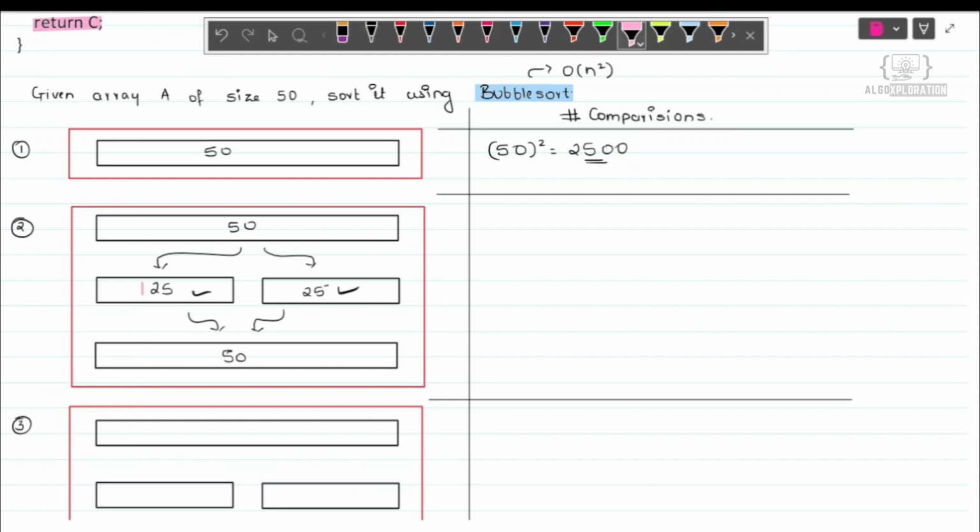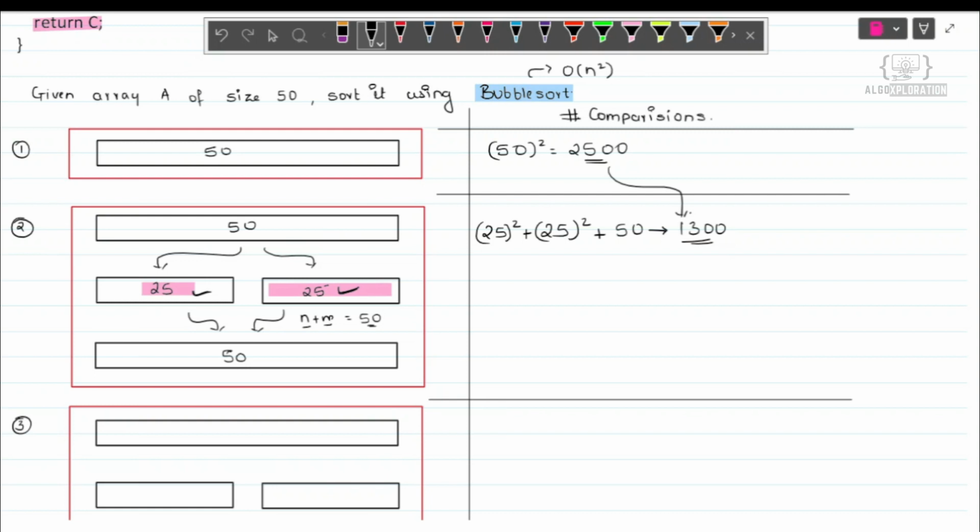Now to sort this array, it will be 25 square, and again to sort this other array, it will be again 25 square. Now we have to merge it, and if we calculate this, it will be 1300 comparisons. So we can see that if we divide an array into two halves, the number of comparisons reduces significantly.